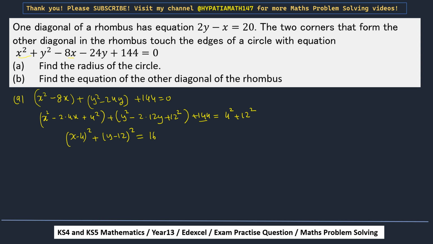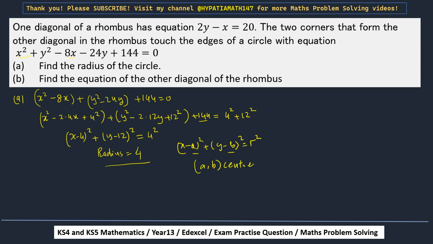So therefore the 16 can be written as 4 squared, isn't it? So you see the radius equals 4, because it is of the format (x minus a) whole squared plus (y minus b) whole squared equals r squared, where r is the radius, and a and b are the center.